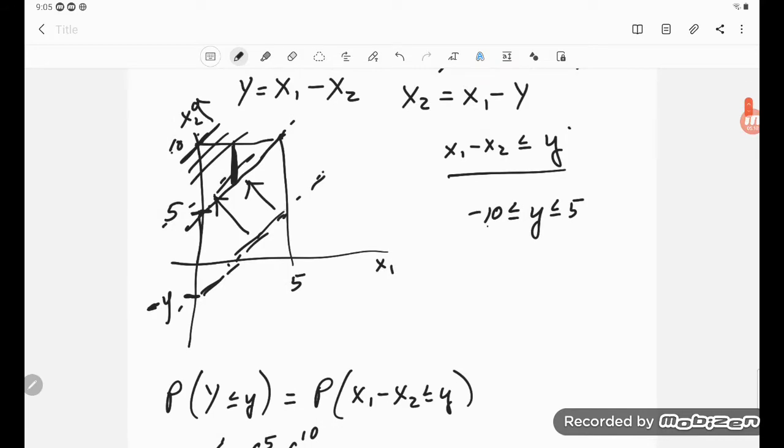Now, if I move to, say, a line that looks like this one, oops, wrong line. Let me erase a little bit here. Let's get rid of that so we can see a little better. Now, as long as I'm in here, until I get to this line right there, I will have the same kind of bounds.